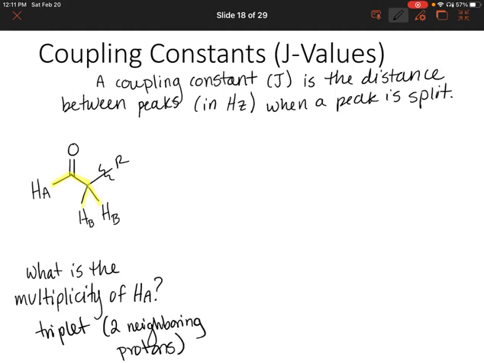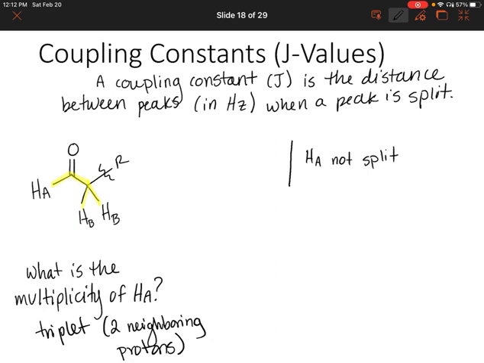All right, so let's see what these coupling constants are. Let's say HA was just on its own. We would just have a singlet. But in this case, there are 2 HB protons next door.